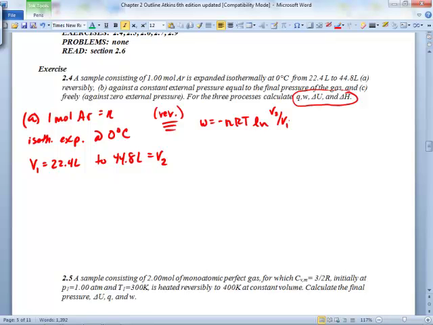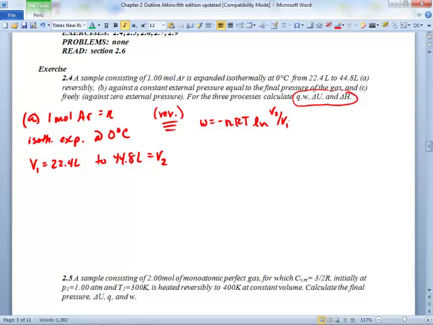Do we care about volumes in liters? Do we need to get it to cubic meters? Because cubic meters would be the standard metric units, so we can get joules. They're going to cancel out. You don't care what units volume is in, as long as they're the same. All right, so that's good.